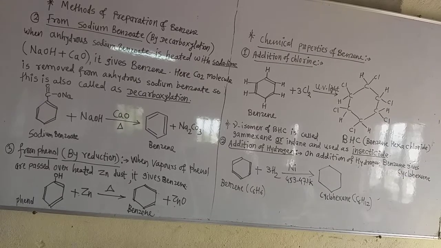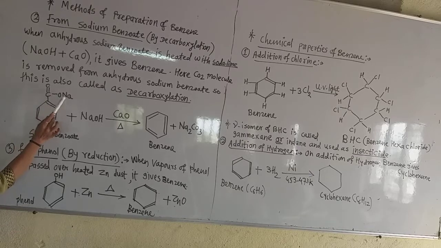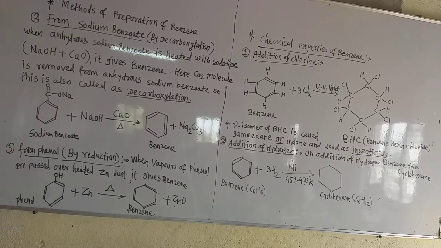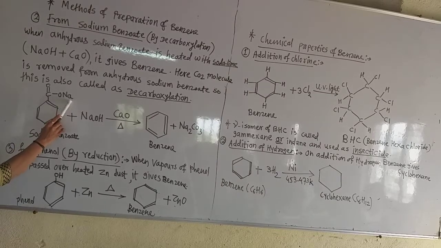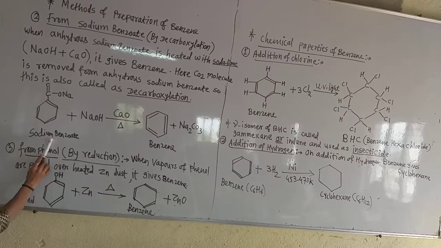See here, the benzene ring has a C double bond OH group, that is the carboxylic group. The name of that acid is benzoic acid. But if the hydrogen of the benzoic acid is replaced by sodium, then the salt is called sodium benzoate.